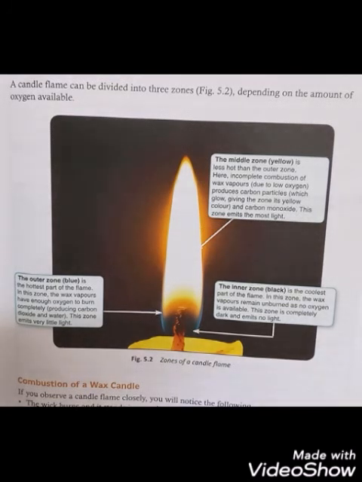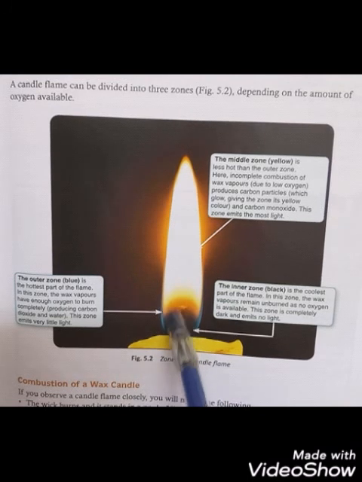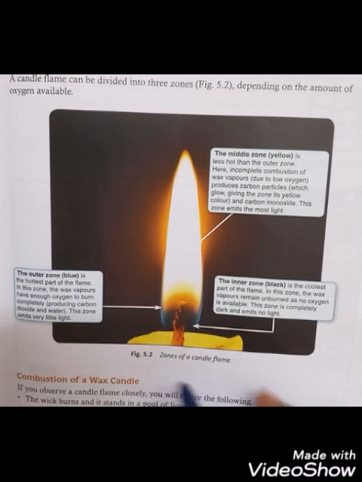Now if you observe the candle burning, what can you notice? Do you know this is the wick, the thread that is visible from the candle? So the wick burns. And if you observe very nicely, you can see there is liquid wax where this wick stands.